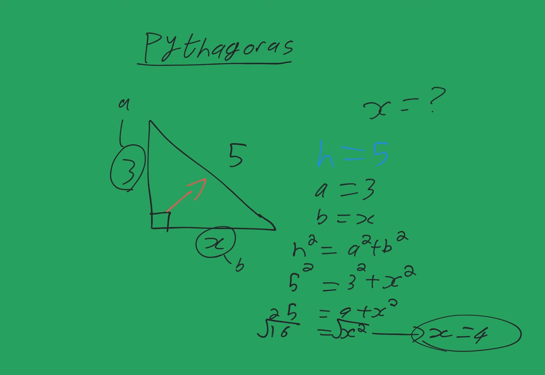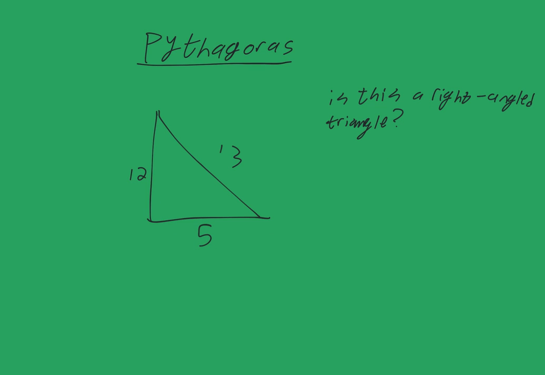You can take two of the shorter sides and see if the squares of those sides add up to the square of the hypotenuse. I'll give an example of that, but that's just how you would prove if a triangle is in fact a right-angled triangle.